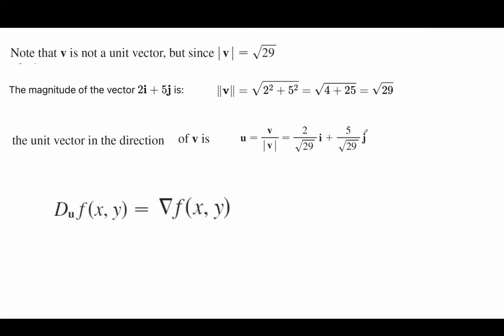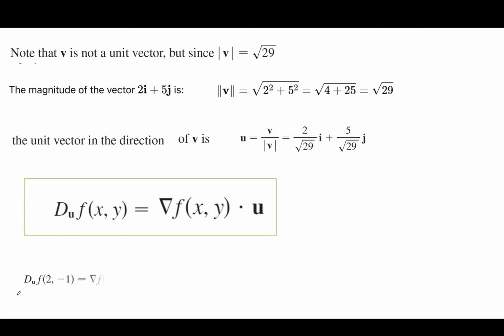As you remember, the directional derivative of function f in the direction of unit vector u is the dot product between the gradient of the function and the unit vector. This is the formula that we introduced before.